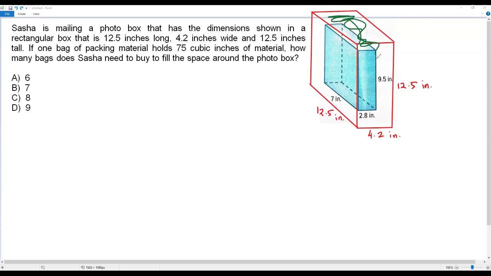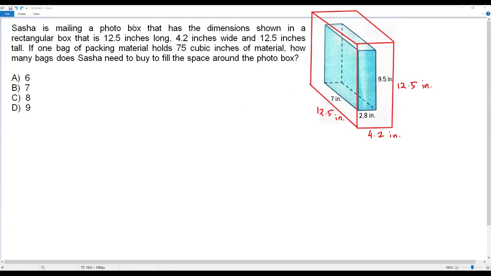To find the volume of material needed, I have to find the volume of the red rectangular box, then find the volume of the photo box inside, and subtract the volume of the photo box from the volume of the rectangular box. That gives the volume of the space between them.